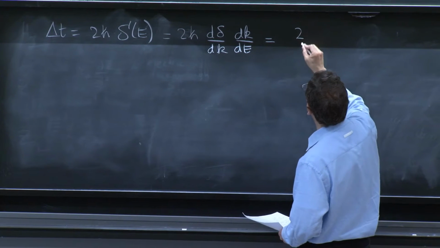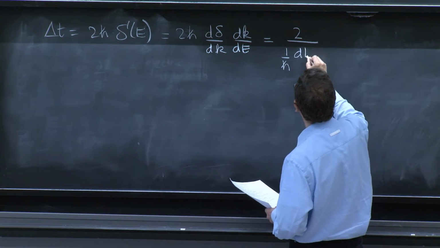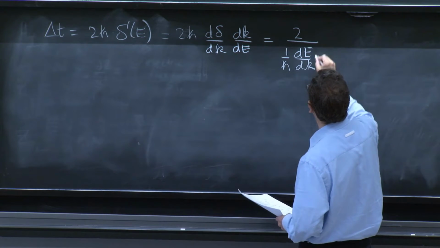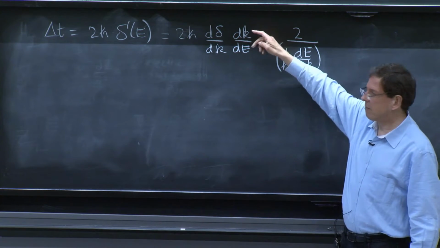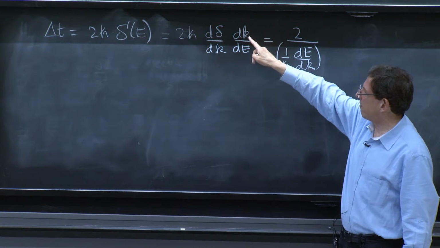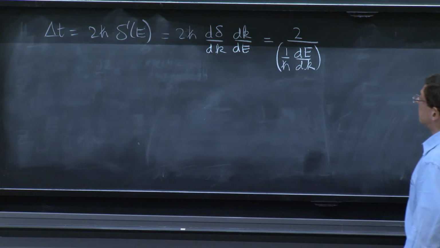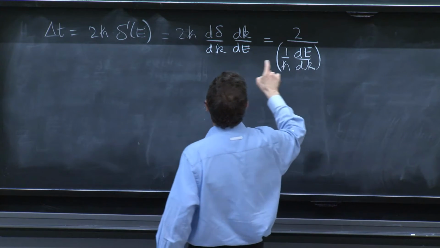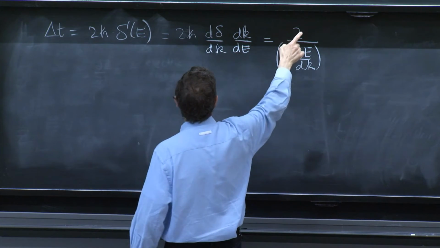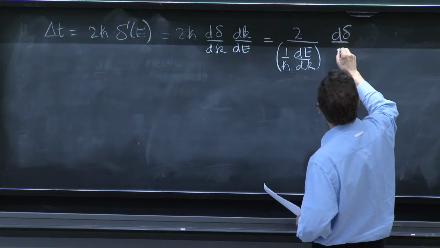This is 2 over 1 over h bar dE with respect to k. I do a little rearrangement. This derivative is one function of one variable, k, and E. There's a single relation, so you can just invert it. It's more dangerous when you have partial derivatives. It's not necessarily true, but for ordinary derivatives it is true. And then you have this 2 that I left here. The h bar went all the way down, and I have d delta dk.